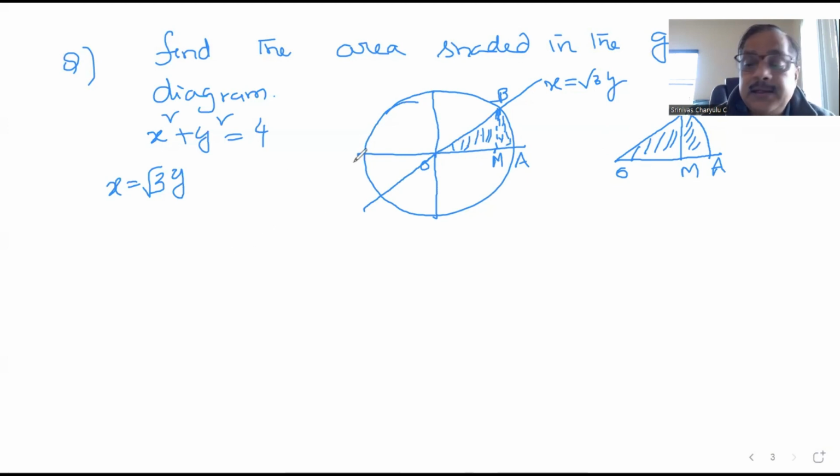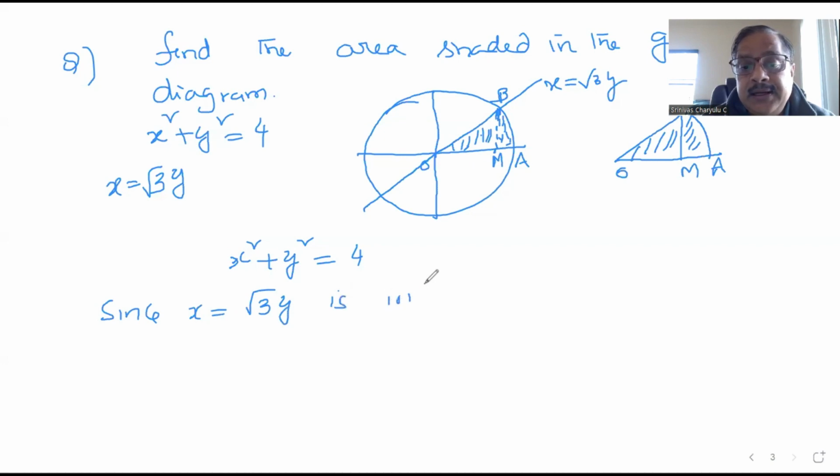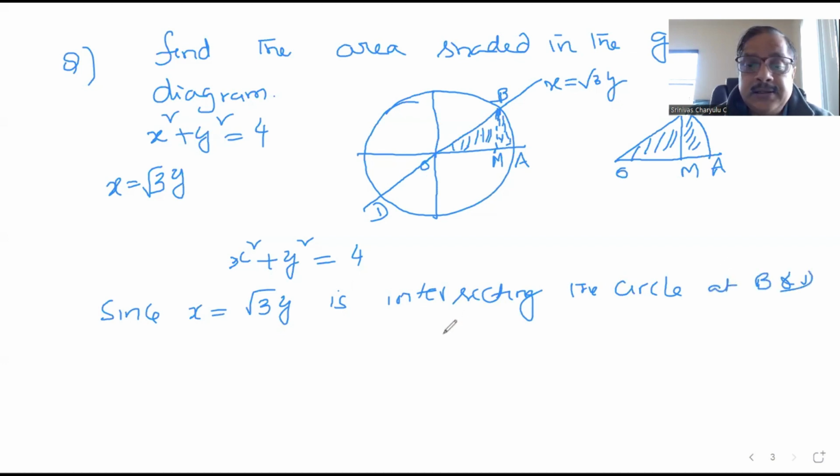So first, what are the x values at M? At O it is 0, but at M we should find out. So x square plus y square is equal to 4. Since x is equal to root 3 y is intersecting the circle at B and D, 2 points it is intersecting.